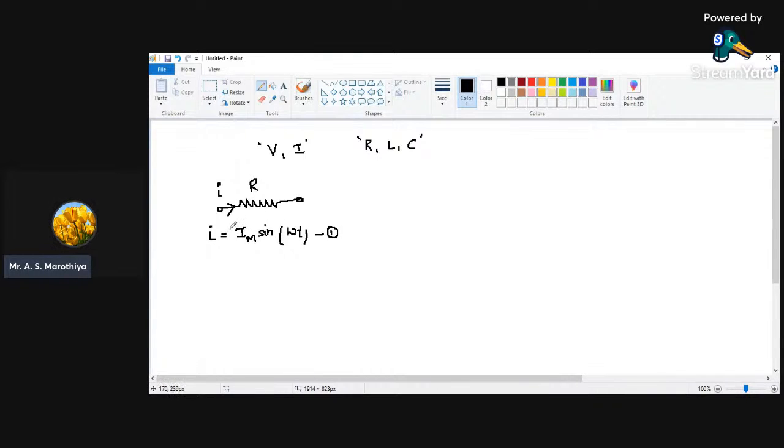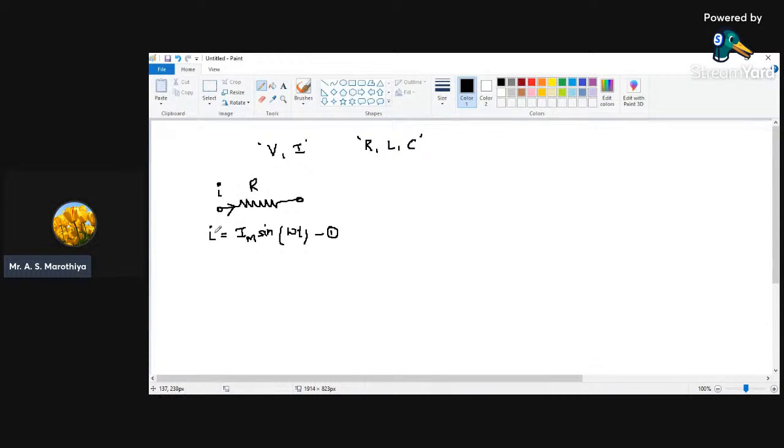And we know that according to Ohm's law, the moment we pass some finite value of current through a resistor, we are going to experience a voltage. And because that current is alternating, the voltage we experience across that resistor is again going to be alternating.